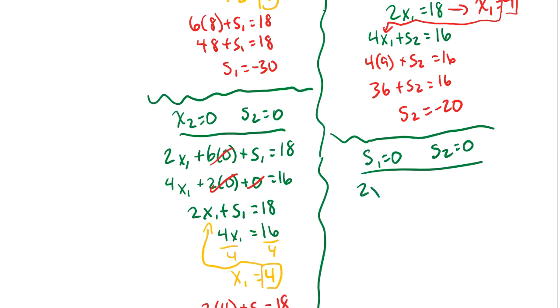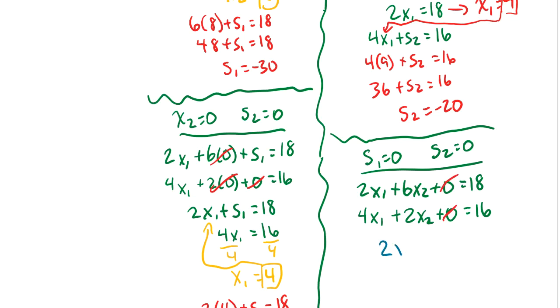So we're going to get 2x1 plus 6x2 plus 0 equals 18, and then 4x1 plus 2x2 plus 0 equals 16. Cancel the zeros, but we're still going to be left with a system of 2. So I'm just going to go ahead and write this in different colors so you can really see that this is a new system of 2.